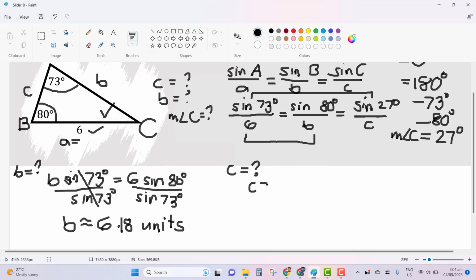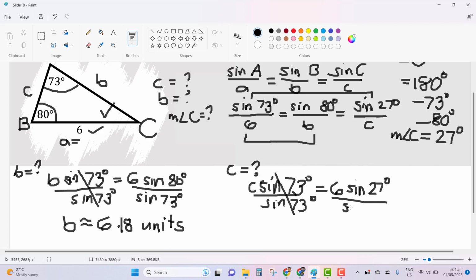You will get C times sine 73 degrees must be equal to 6 times sine 27 degrees. Divide both sides by sine 73 degrees, because that will be cancelled out here. The other side will have sine 73 degrees as well.